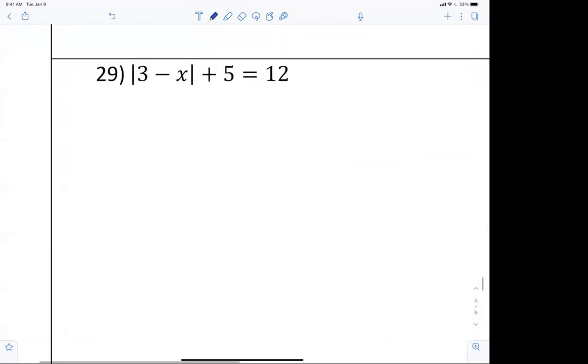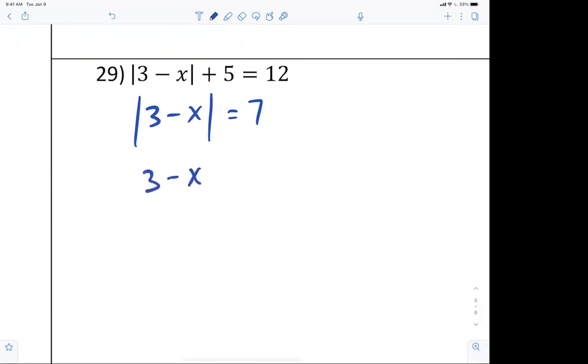Here we go. What do I have to do on number 29? Yep. The absolute value of 3 minus x equals, today, 12 minus 5 is 7. Now we have 3 minus x equals 7. 3 minus x equals -7.